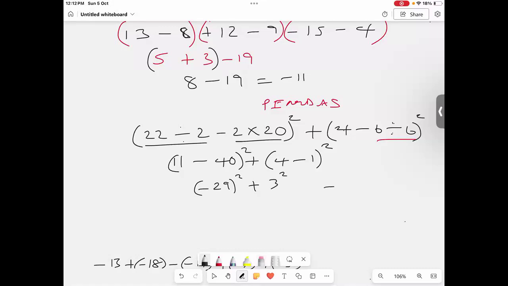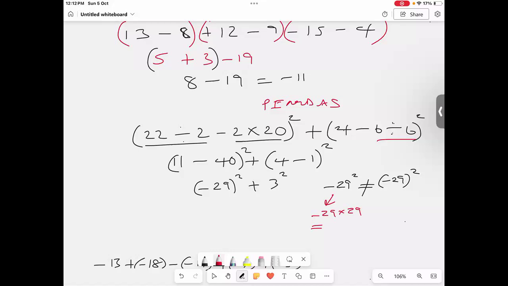Please understand that negative 29 squared is not equal to negative 29 all squared. Let's examine. Negative 29 squared, as you see written on screen here, means negative 29 multiplied by 29. All right, that's what it means. So my answer here is going to work out to be negative.